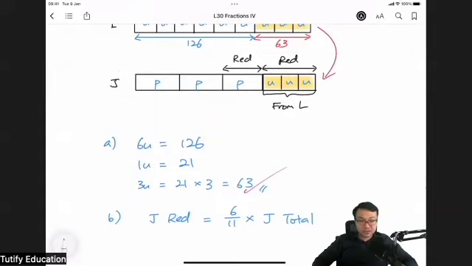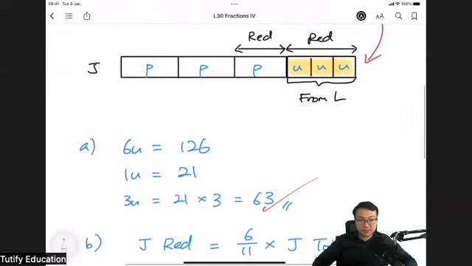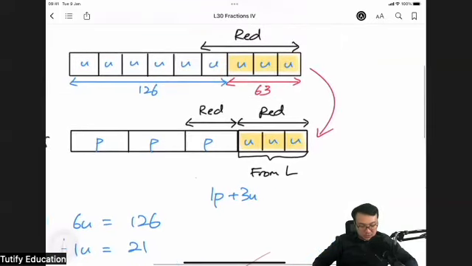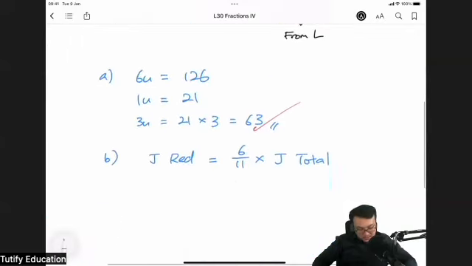Janice's red is one part. And how many units? 3. 1 part plus 3 units. This 3 units equals to, can I change this into a number? Yes, 63. Very good. So do you agree? Janice's red marble is actually 1 part plus 63 marbles.